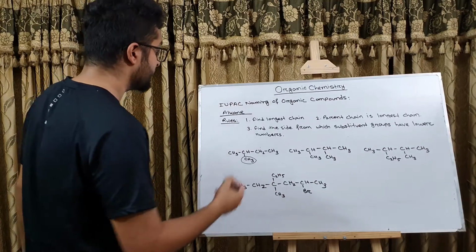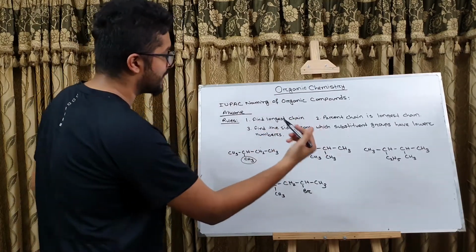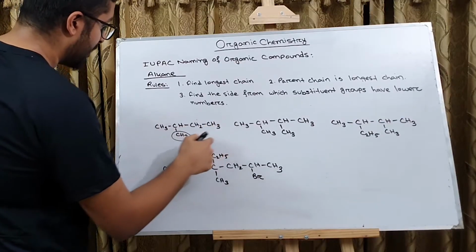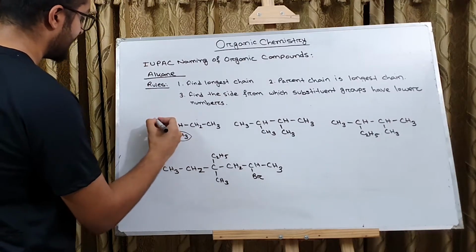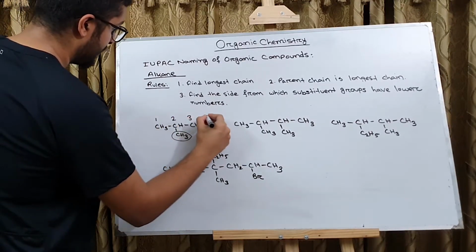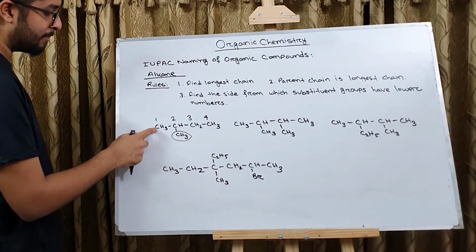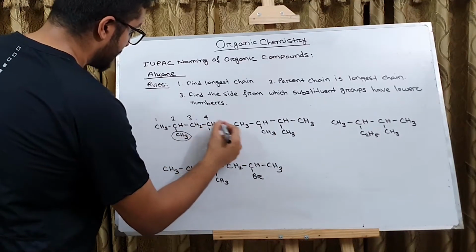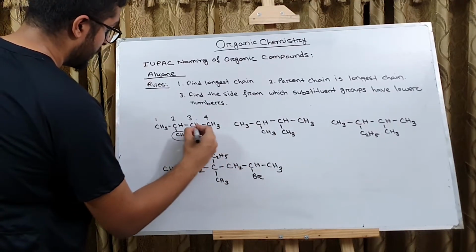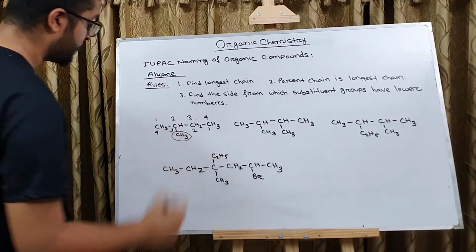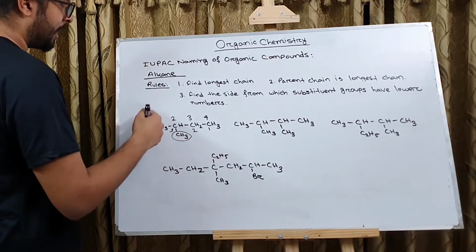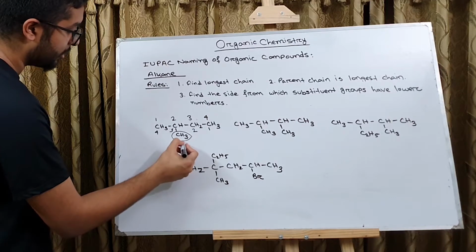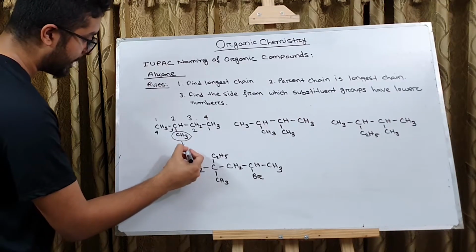Then we will have to find the site from which substituent groups have lower number. Let's see, if we number this long chain from the left side, then this carbon is the number 1 carbon, then we have this one as number 2, 3 and 4. And if we number the carbons from right to left, then we have 1, 2, 3, 4. So if we number the carbon from left to right, then the substituent group falls at number 2 carbon.